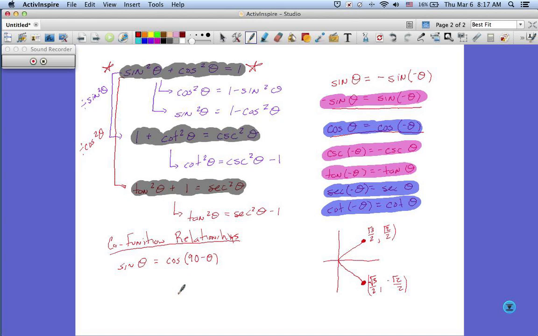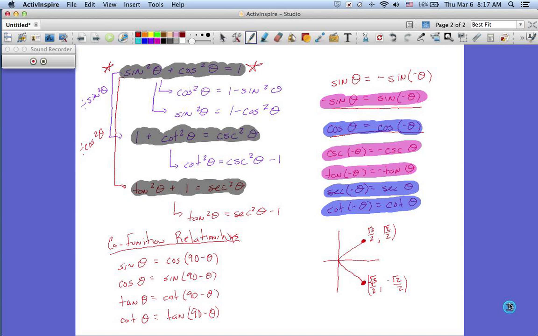It's just nicer to write 90 minus theta. And likewise, the cosine is the same as the sine of 90 minus theta. Tangent is the same as, notice cofunction relationship, cotangent of 90 minus theta. Likewise, cotangent is the same as tangent of 90 minus theta.